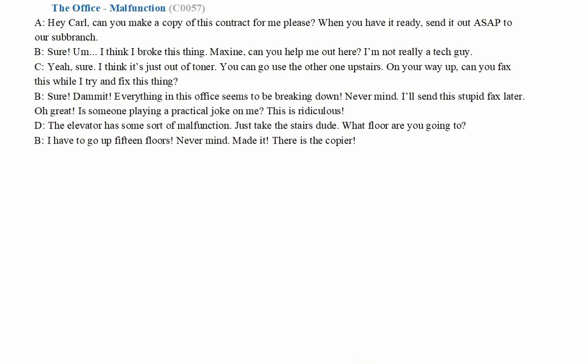Damn it! Everything in this office seems to be breaking down. I'll send the stupid fax later. Oh, great! Is someone playing a practical joke on me? This is ridiculous! The elevator has some sort of malfunction. Just take the stairs, dude. What floor are you going to? I have to go up 15 floors!